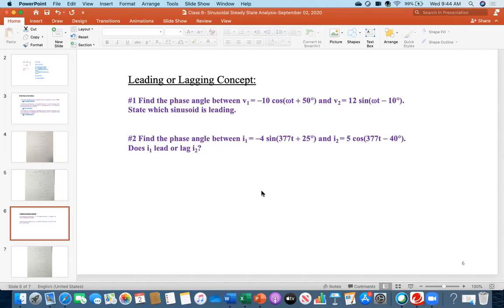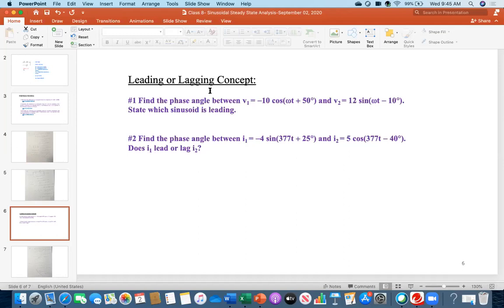For example, you are comparing two voltage signals, then immediately the question is whether one is leading or lagging the other. I am coming to the meaning of that soon. Or you are comparing voltage with current in a particular circuit, and the same question comes. That's why this is a very important concept for AC.